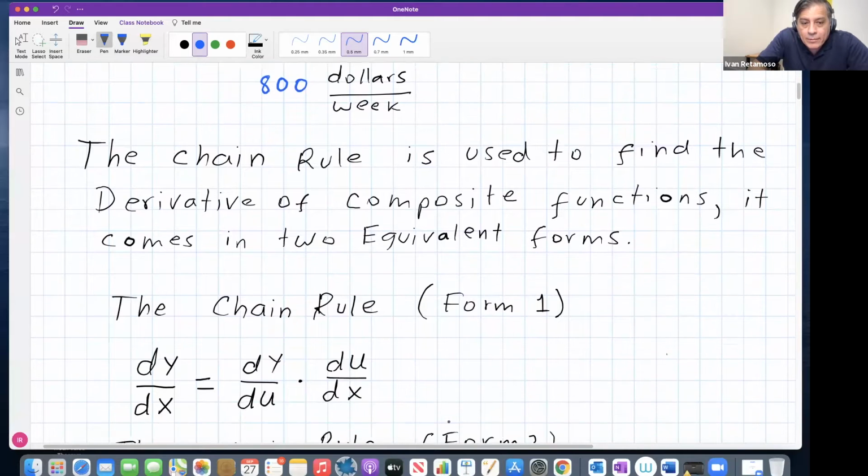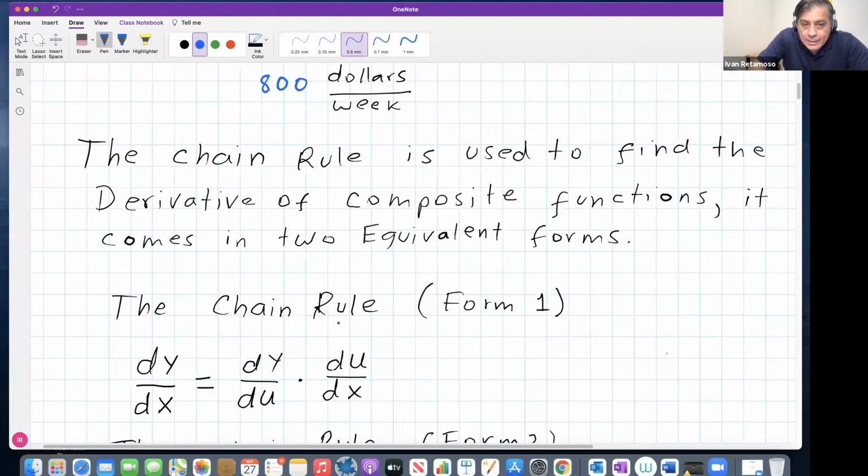The first form is inspired by what I just showed: multiplying two rates, it is possible to get a new rate. Remember that the derivative is the instantaneous rate of change. So multiplying two instantaneous rates of change that are related by some variable, in this case the variable u, it is possible to come up with a new instantaneous rate of change.